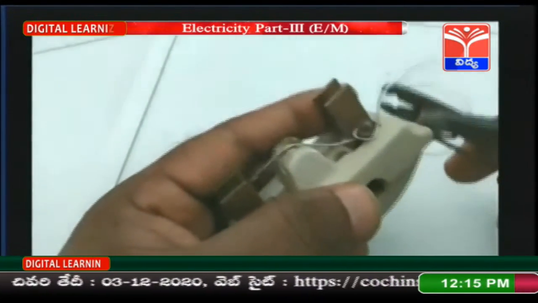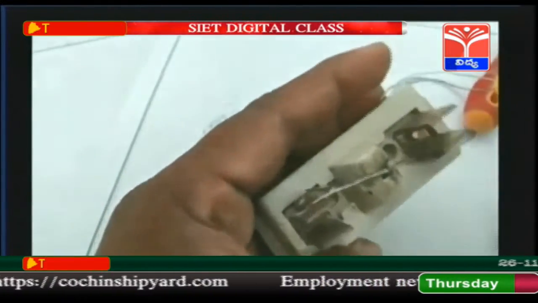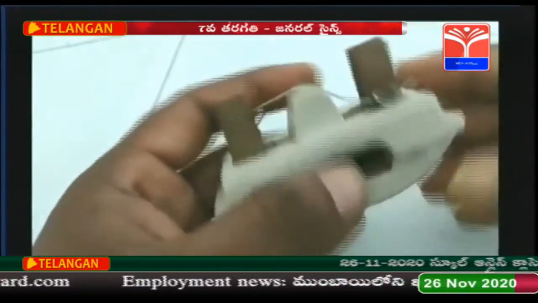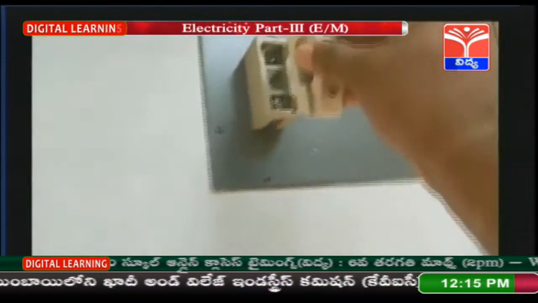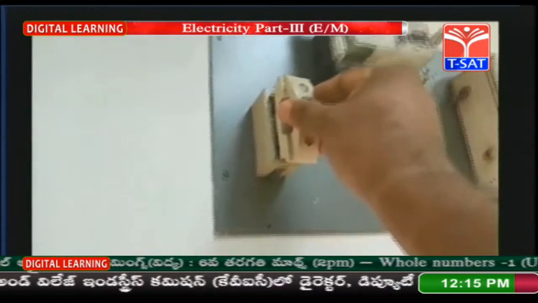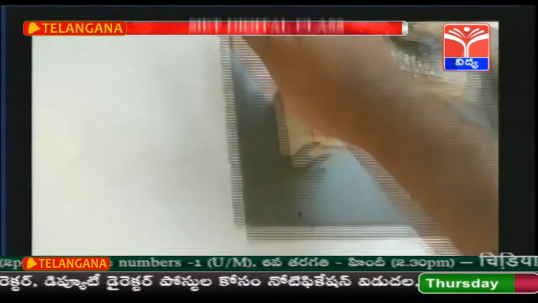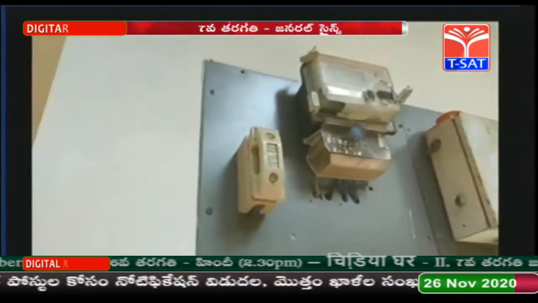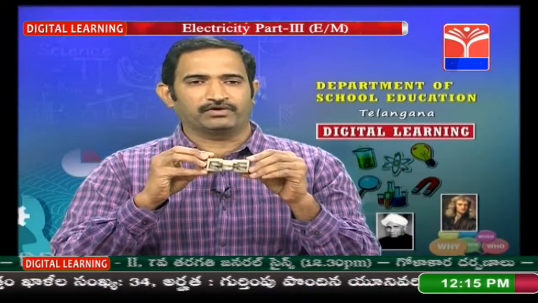Did you observe? Now we finished tightening the fuse and we are cutting the fuse wire. Now our fuse is ready with fuse wire. Now I am inserting it in my main board so that the electricity circuit will be complete and electricity will flow in my house. Now children, just now we have fitted our fuse wire.